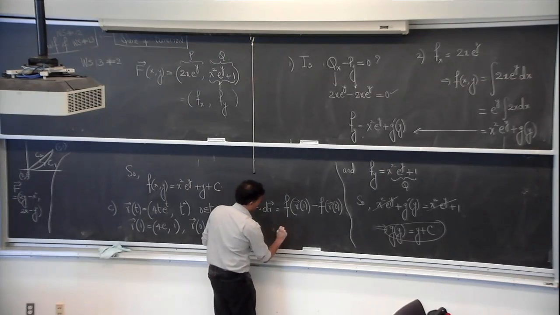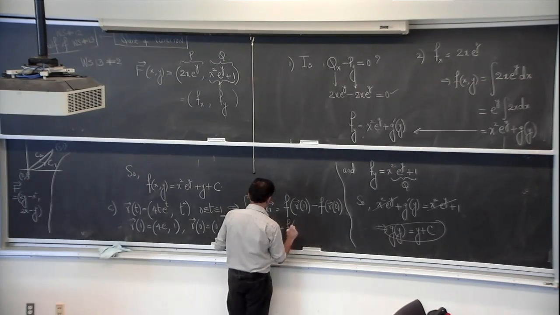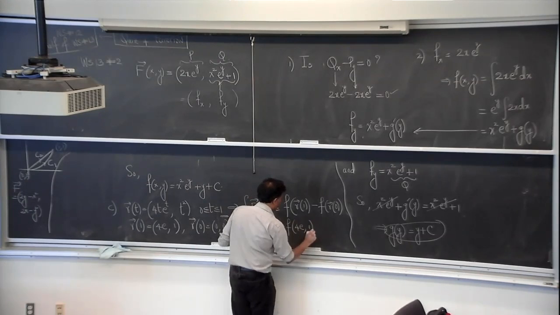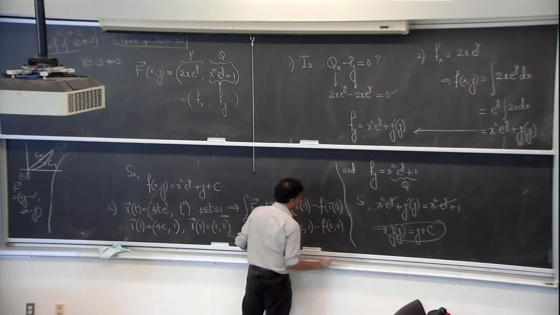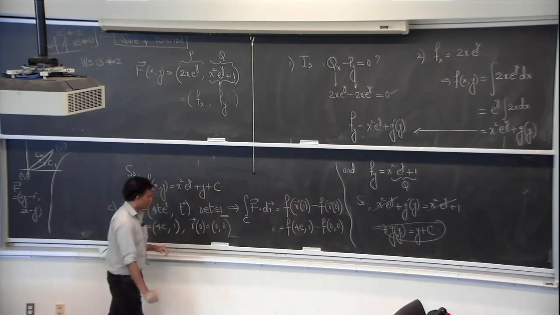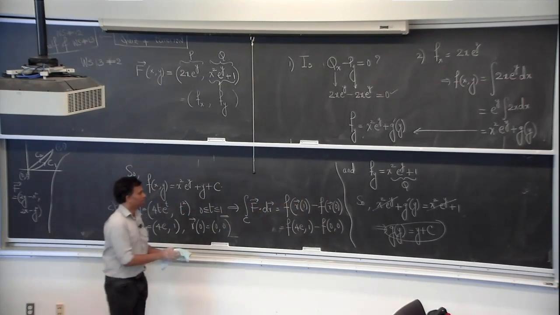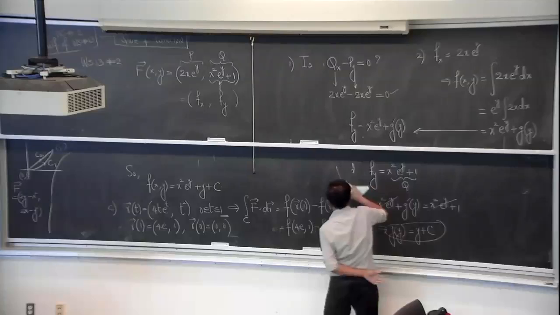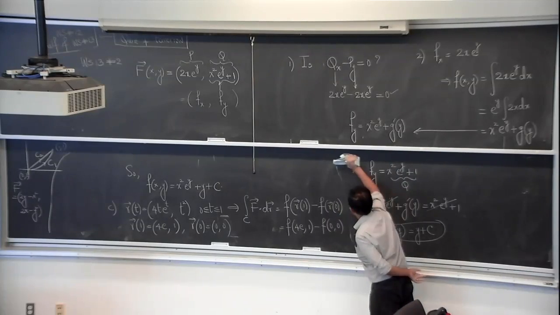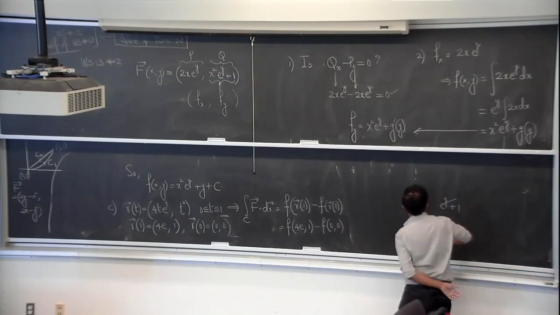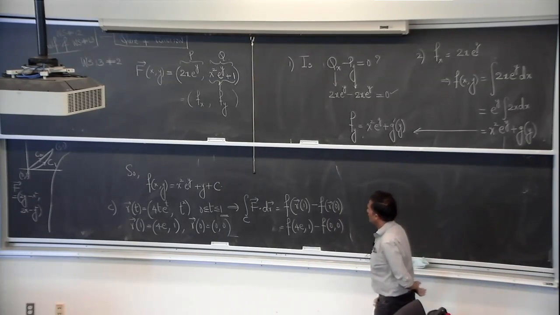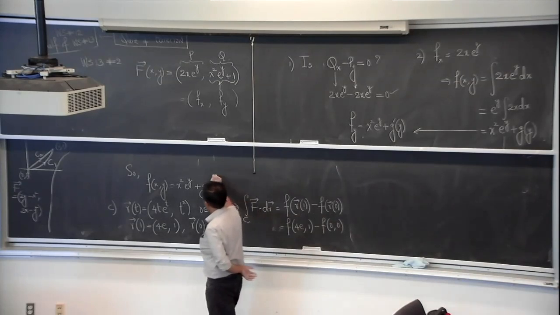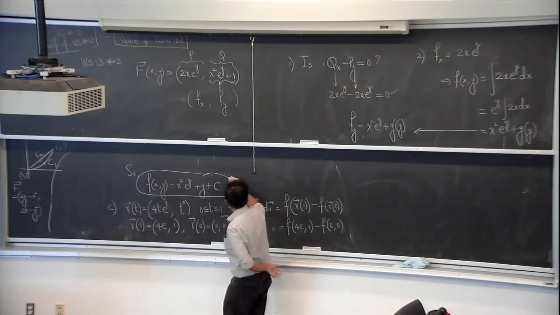This is going to be little f at 4e, 1 minus little f at 0, 0. When I say little f, that is referring to this function here.